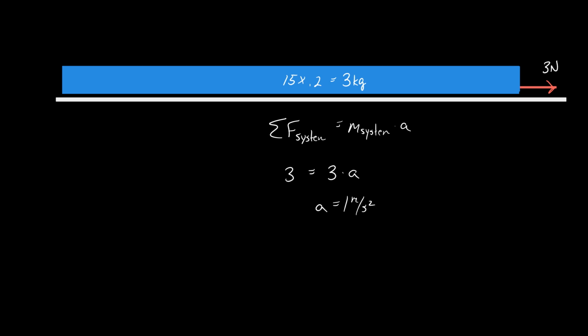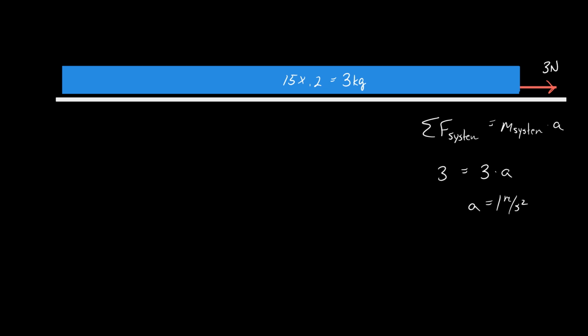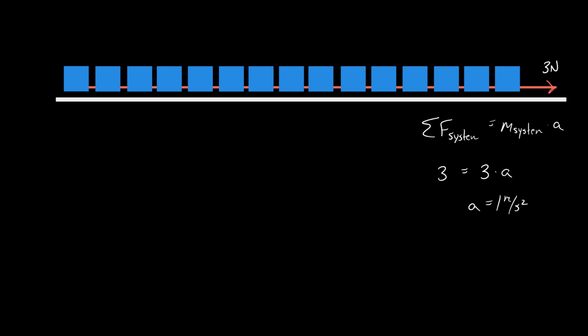Any question about what I did there? All righty. The truth is, though, every one of these cars is accelerating at 1 meter per second squared, including the last car. Now I'll draw a free body diagram. The last car is experiencing a tension this way, weight downwards, and a normal force upwards.